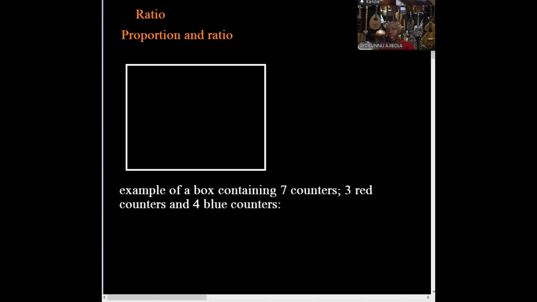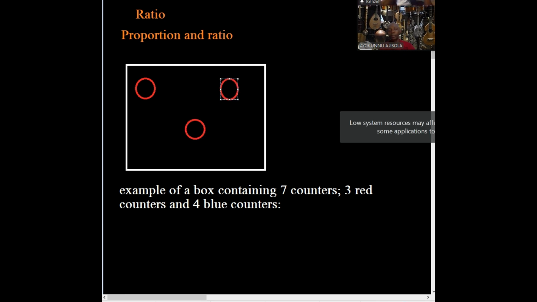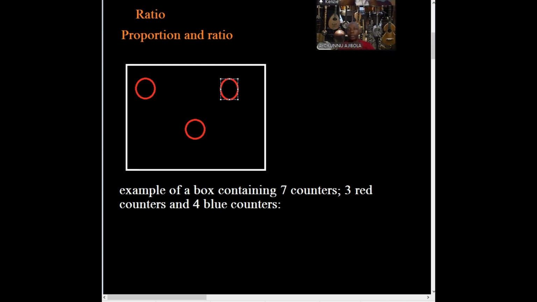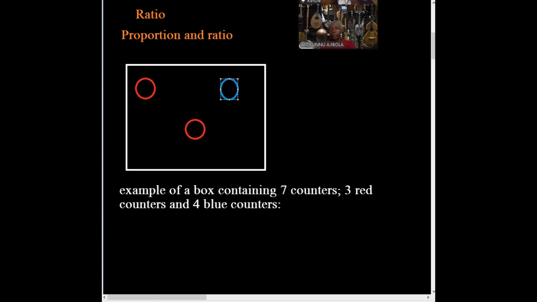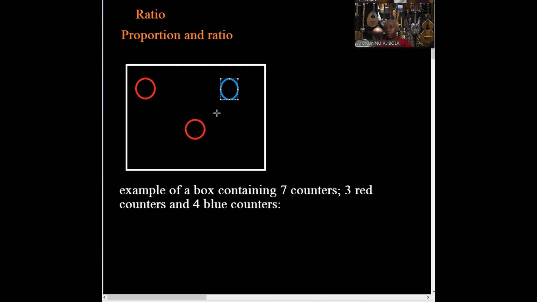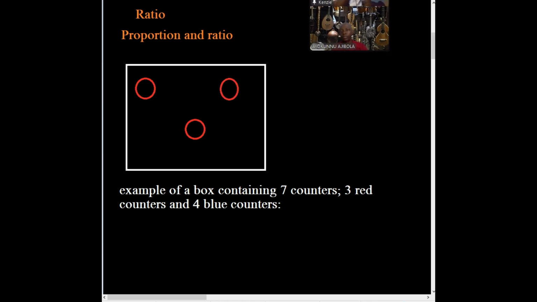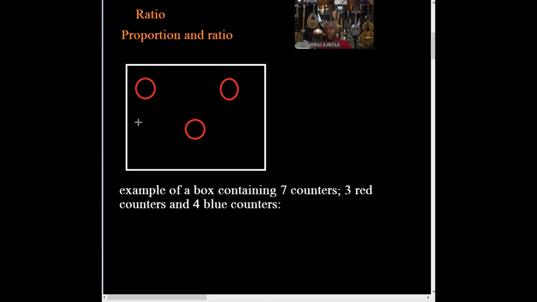So if I need red, you can say one, two, and three. These are three red counters. Then four blue. So I need four for blue, so I can have one, two, three, and four.